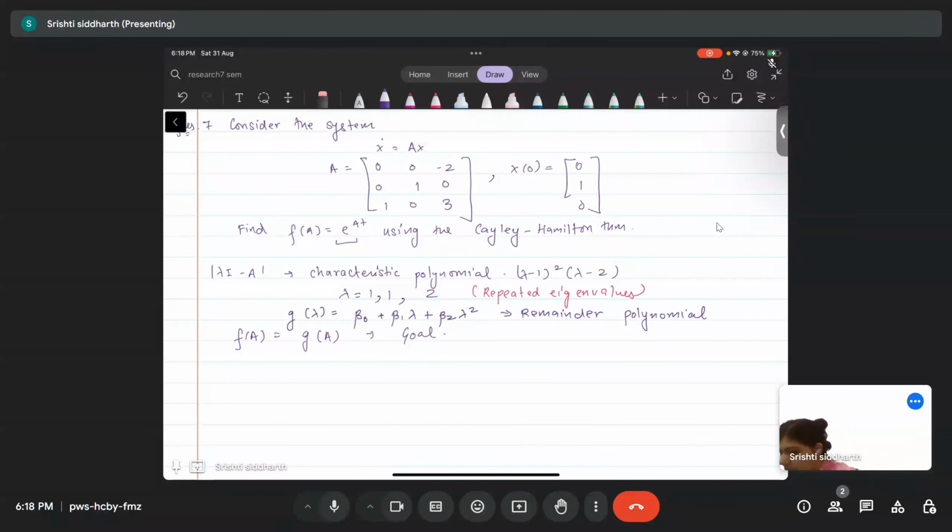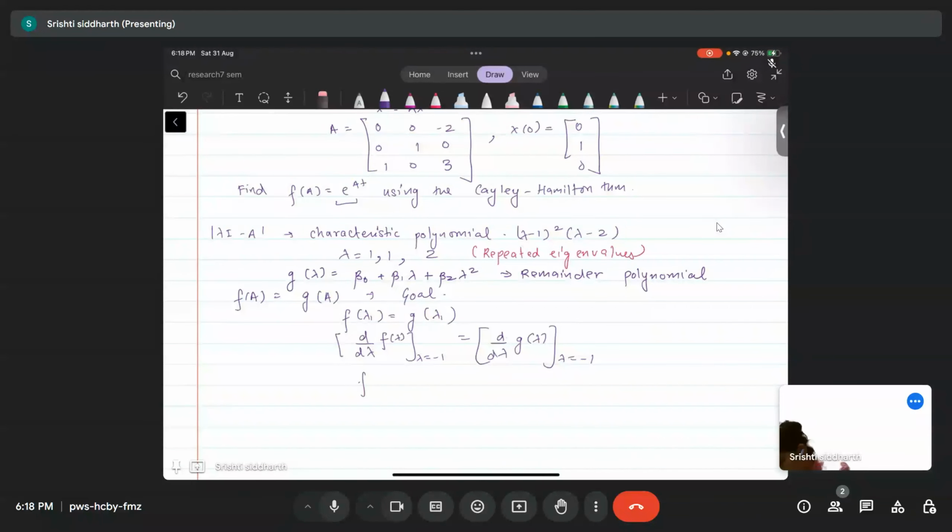Now let's see. So f of lambda 1 is g of lambda 1. And since we have repeated eigenvalues, the first one, then we have d by d lambda of f, which is a function of lambda evaluated at -1, is exactly going to be equal to the derivative of g evaluated at -1, and then we have f of lambda 2 equals g of lambda 2.